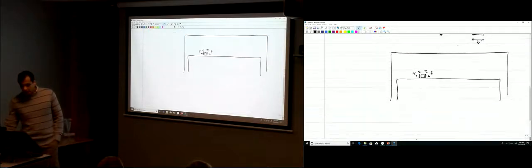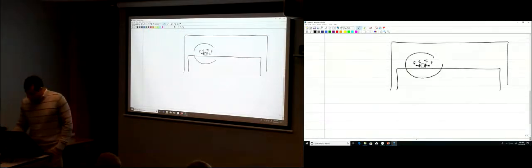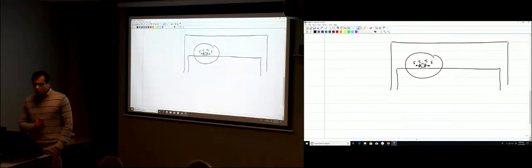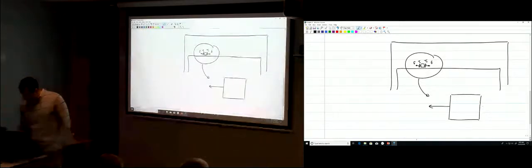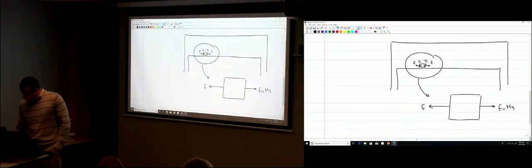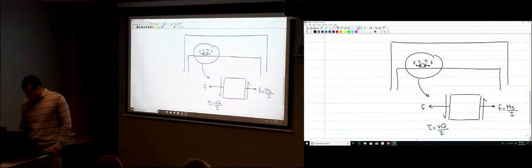So now, if we just take that element, you understand now where this normal stress comes from? It comes from the moment. This shear stress comes from the shear force. If we just take this element here, you have F, which is equal to My over I, and you have tau, which is VQ over IB.